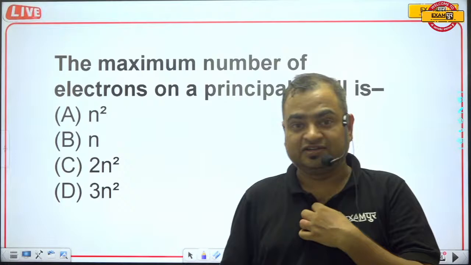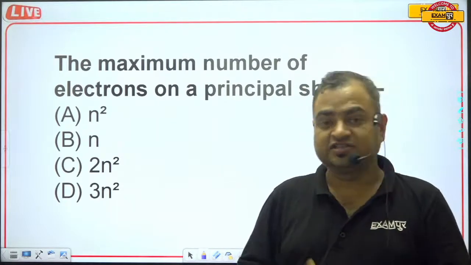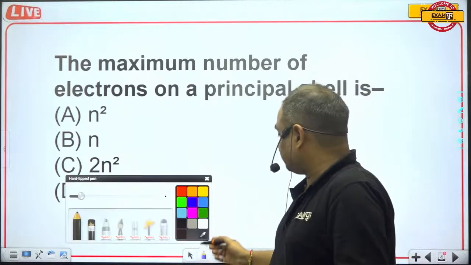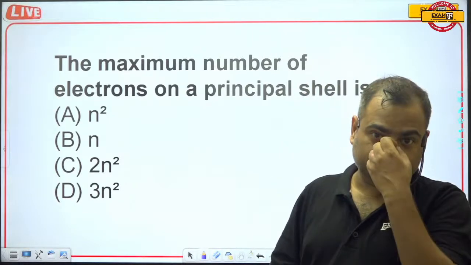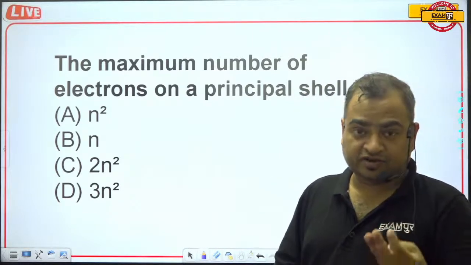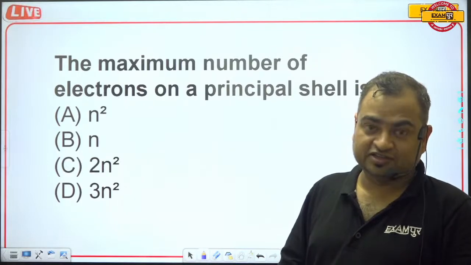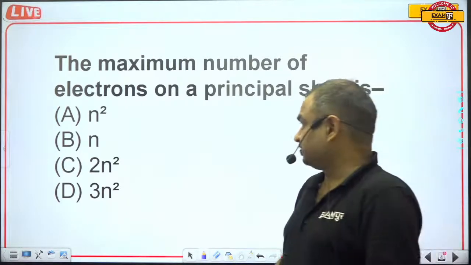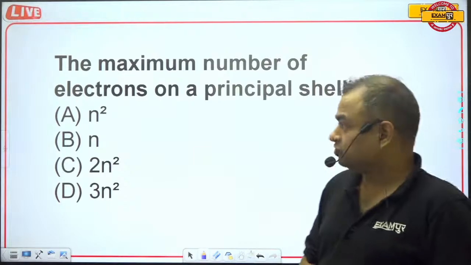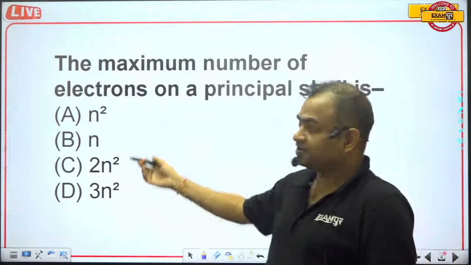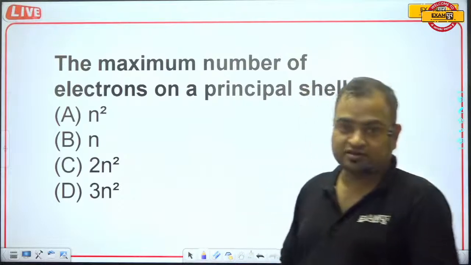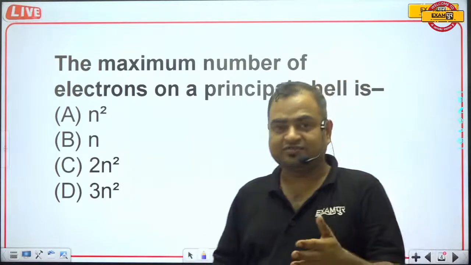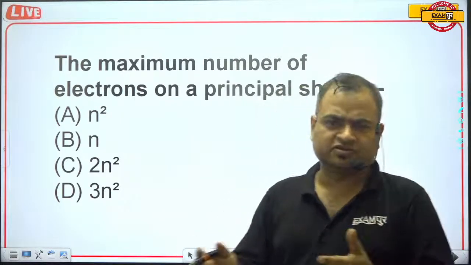Number of electrons in the cell. In the cell electrons, you will have cell number 1, cell number 2, and cell number 3, depending upon the atom.